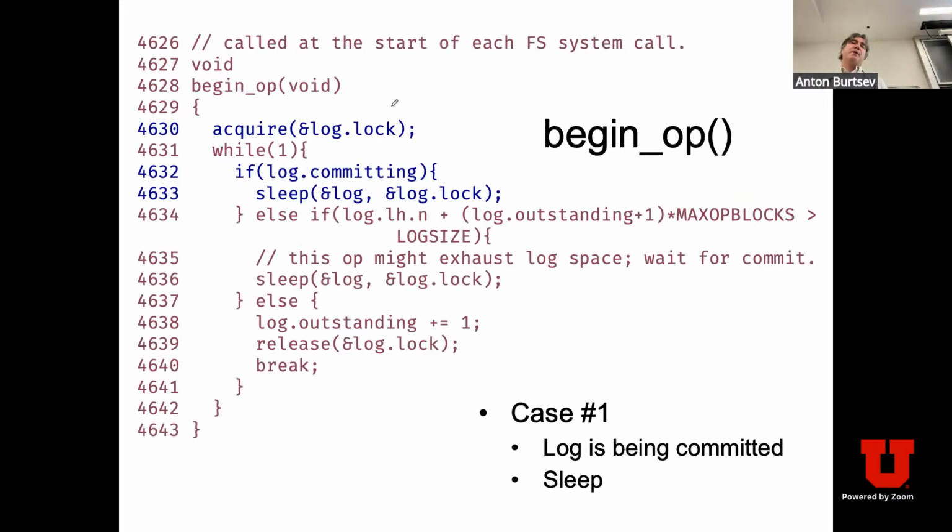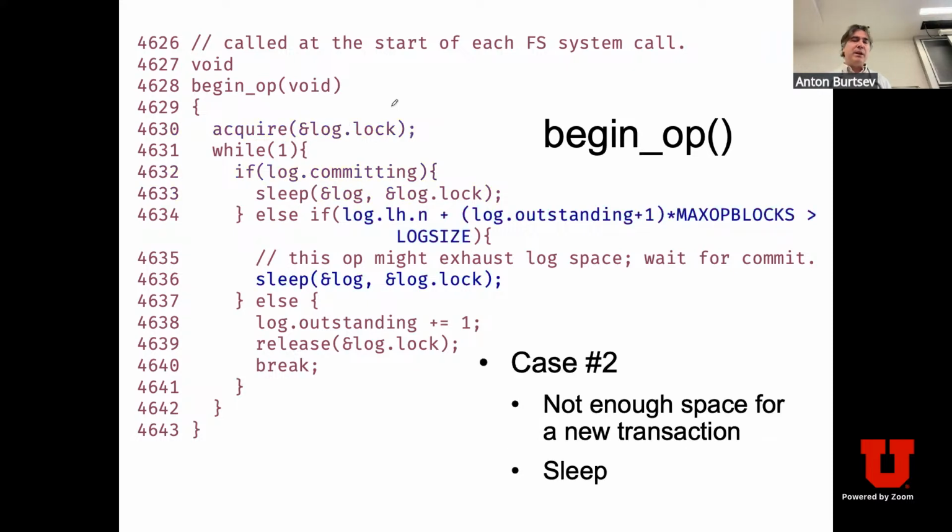So what it does first, it makes sure that there's enough space to even start a transaction, right? It has a logic of saying that I will not commit concurrent transactions. So if something is already committing, I will just go to sleep and wait on it and be woken up later. However, if nothing is committing, I will make sure, and this is the formula which had a bug, essentially, I will make a reservation that I am about to start a new transaction.